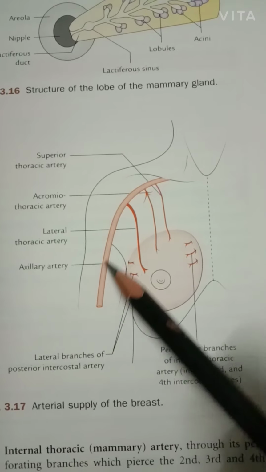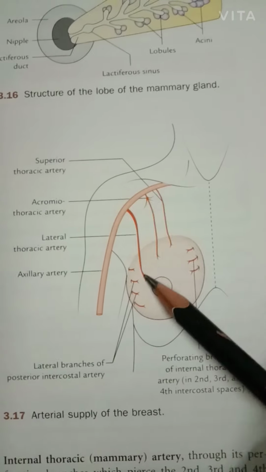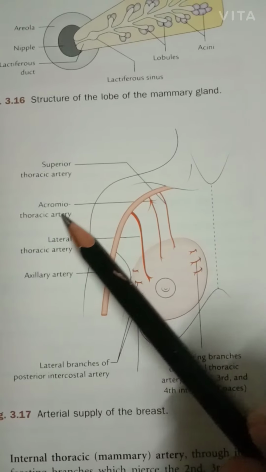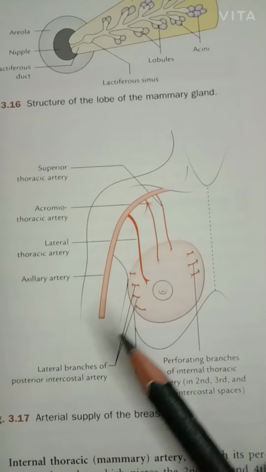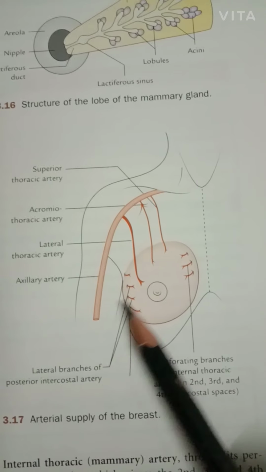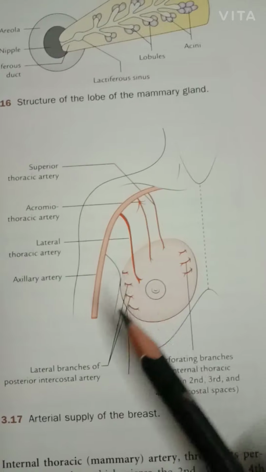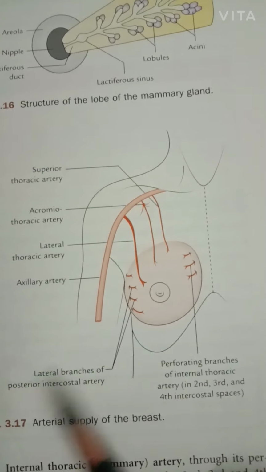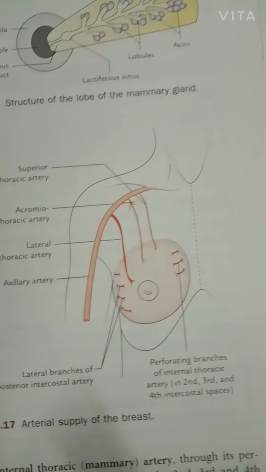Here you can see the axillary artery, and mostly three branches supply the breast: superior thoracic artery, acromiothoracic artery, and the lateral thoracic artery. Next, the lateral branches from the posterior intercostal arteries. These are the major arterial supply to the breast.